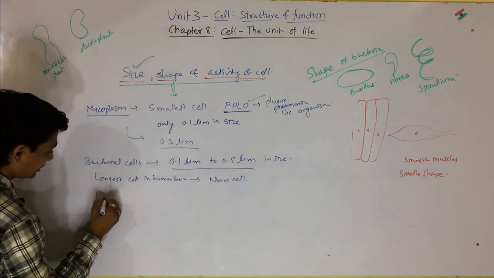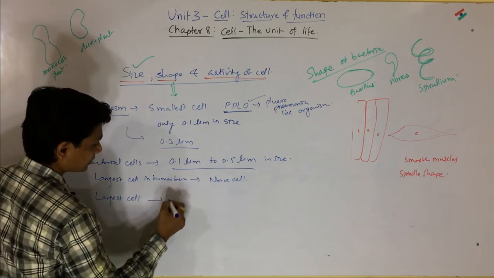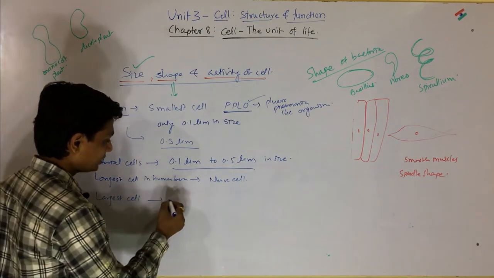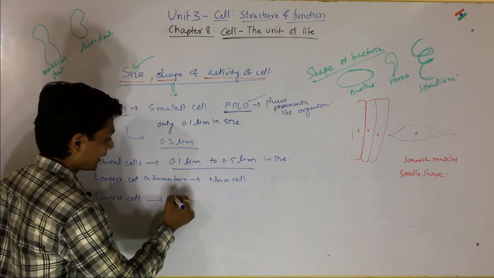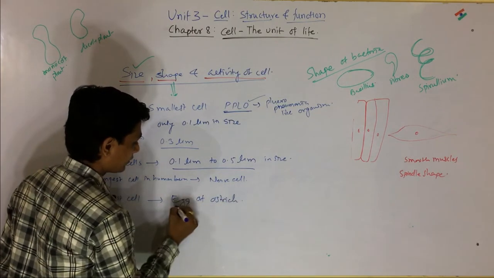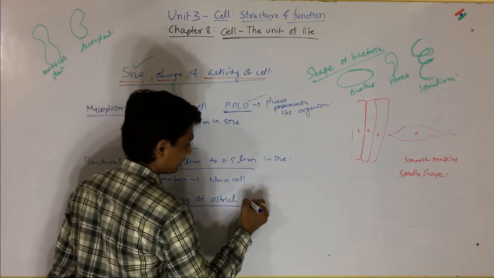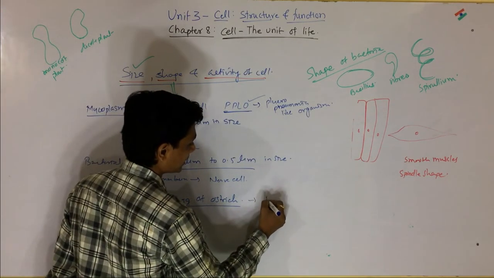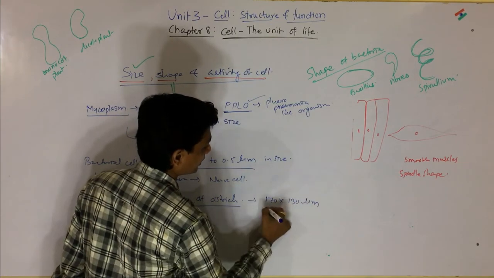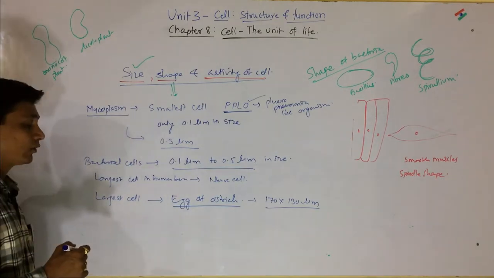The largest cell in the universe is an isolated cell from the ostrich. It is nothing but the egg of the ostrich, the known largest cell in the universe, with a size of 170 by 130 micrometers.